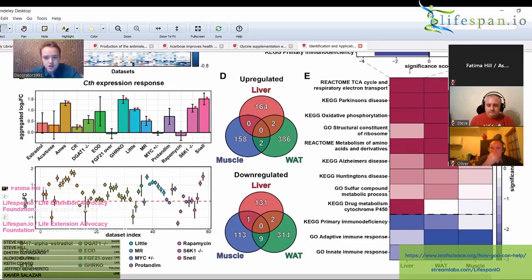So it means that different individual genes are perturbed in different tissues, but these perturbations lead to the same cellular changes at the level of pathways, at the level of groups of genes. And here we again see upregulation of oxidative phosphorylation, ribosome protein genes, metabolism of amino acids, etc.